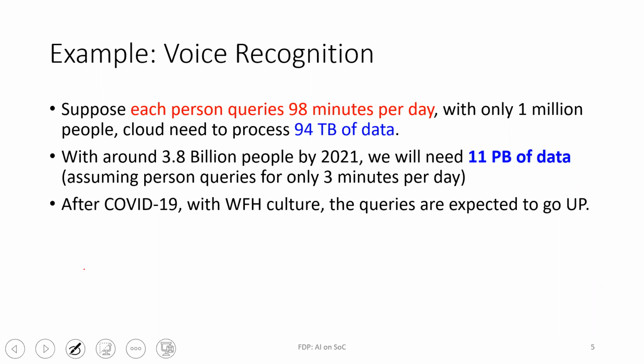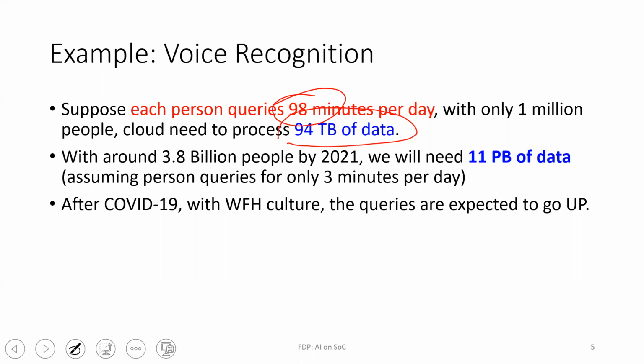For example, here are some calculations. If each person queries 98 minutes a day, so if you use those IoT devices 98 minutes per day, that means with only 1 million people, which is a very small number of devices, your cloud needs to process 94 TB of data, and that's a huge amount of data to process.